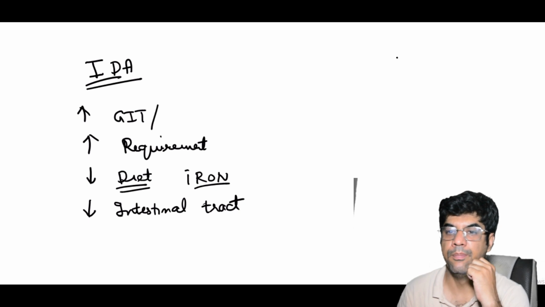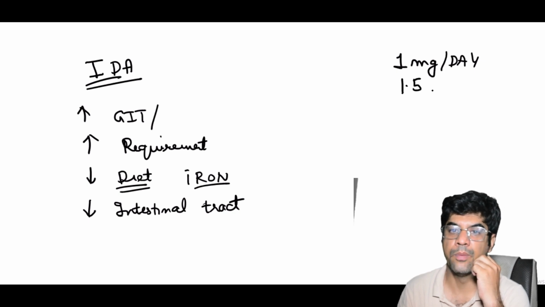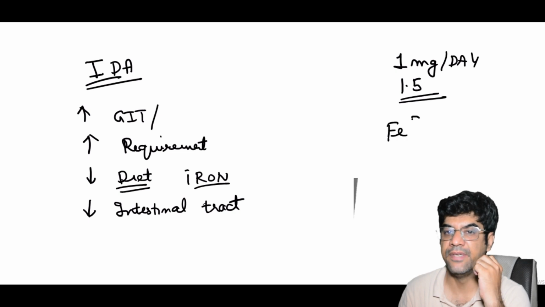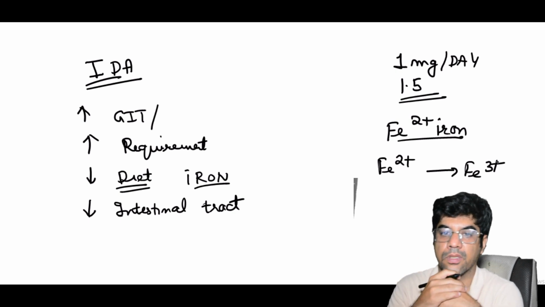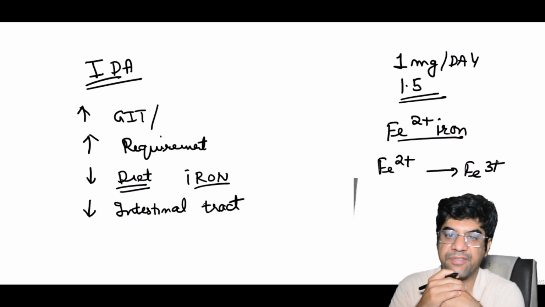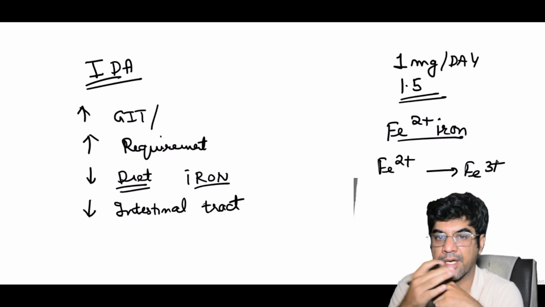Remember that men absorb around 1 milligram of iron per day, and women absorb around 1.5 milligram. The daily iron is absorbed in which state? It's the ferrous state. This ferrous state is converted into the ferric state in the body. The iron binds to transferrin in the plasma for transport.